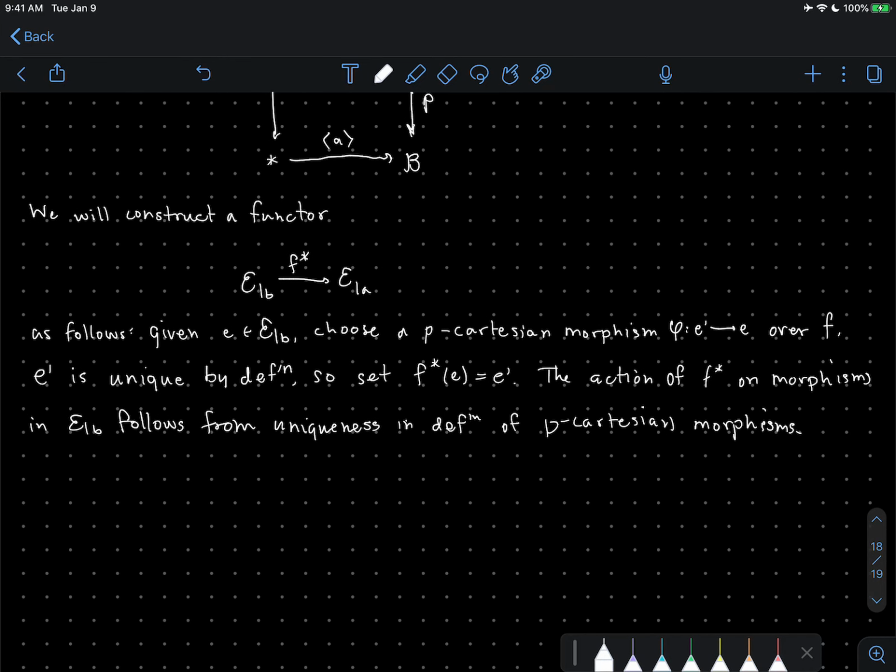The resulting functor f upper star is called the Cartesian monodromy of P over f.